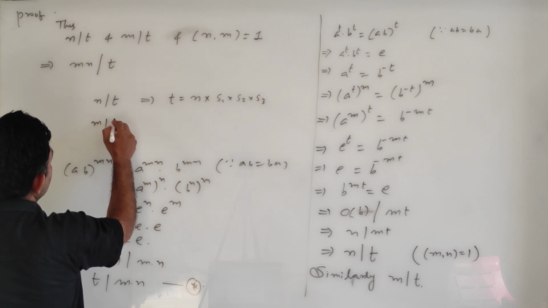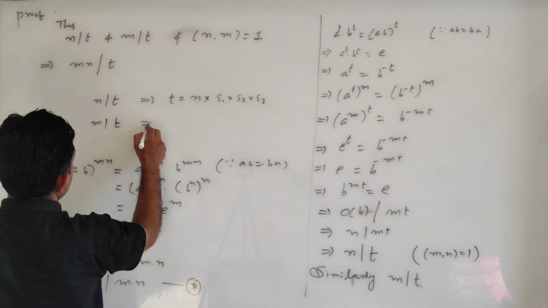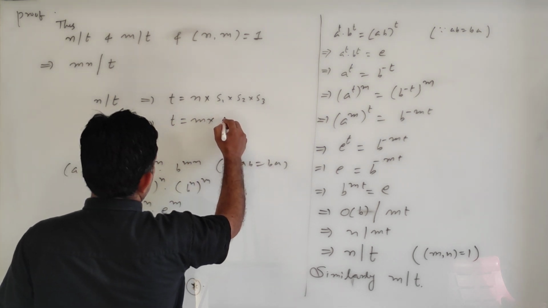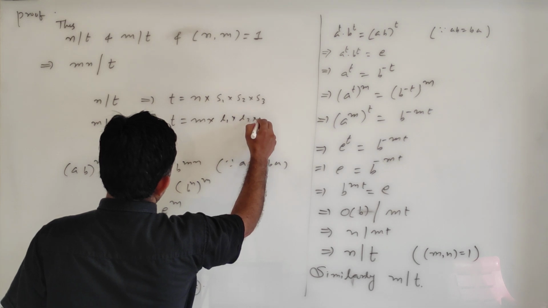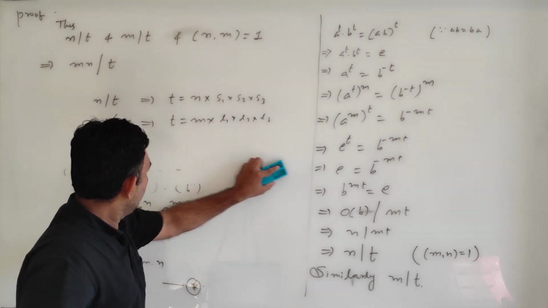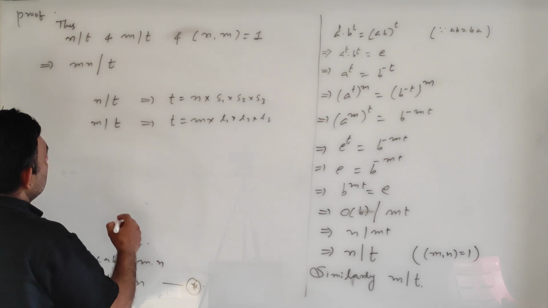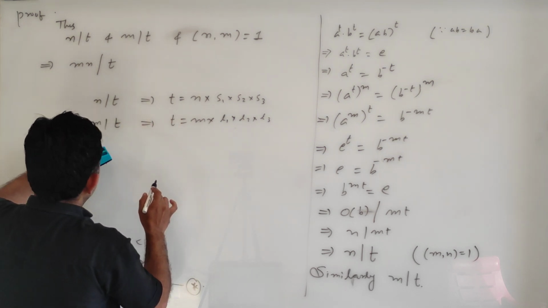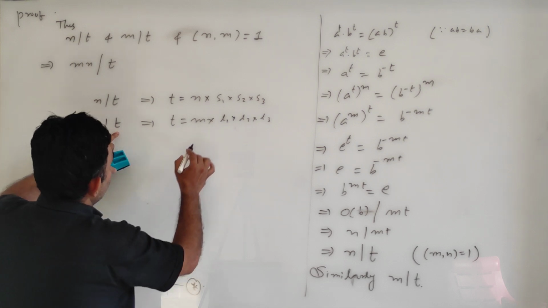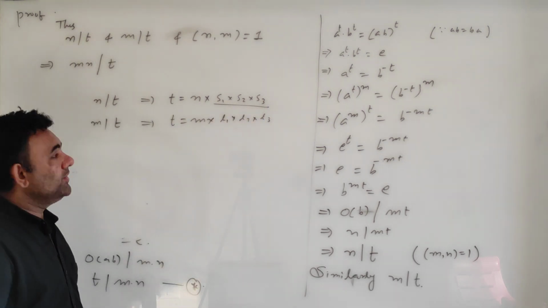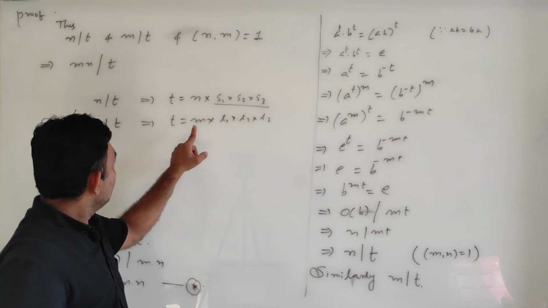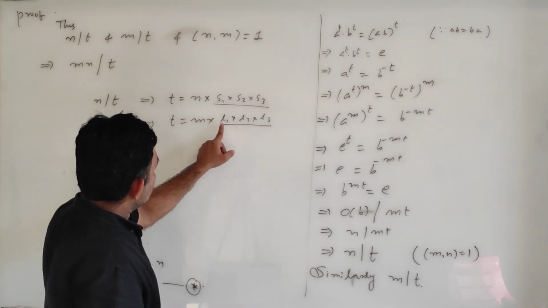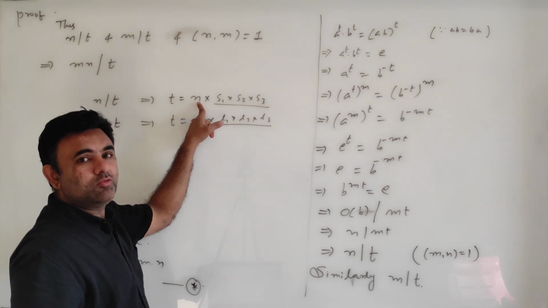And m divides t also, so it means t can be written as m into some others, say L1 into L2 into L3, etc. Here m divides t, it means one of s1, s2, s3 will be m, because m is a factor of t, and among L1, L2, L3 some Li must be equal to n.